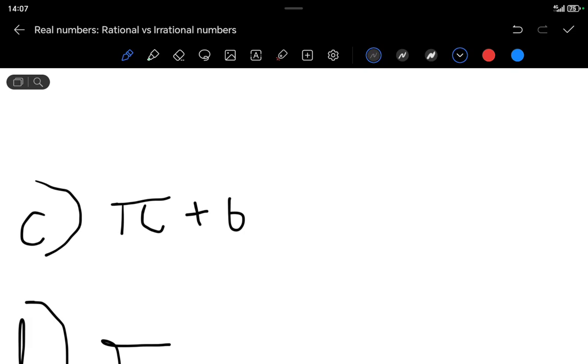The fact that we're adding a rational number to an irrational one, remember the numbers after the decimal point of pi. When we typed pi into the calculator, pi is 3.1415 and so on.